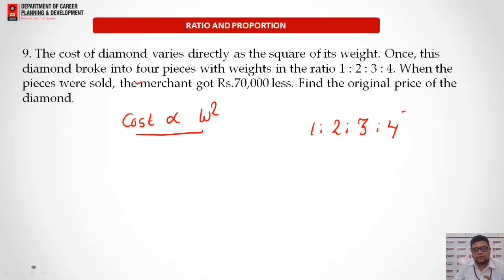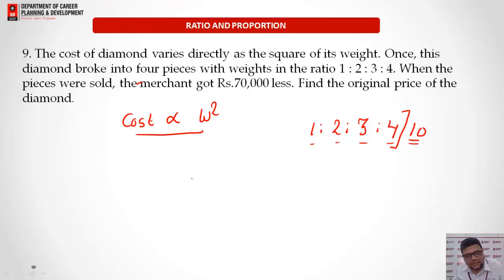So the total is how much? 4 plus 3, that is 7. 7 plus 3, that is 10. So total 10 is the weight of the complete diamond, which is broken in 1:2:3:4 ratio. Now when the pieces are sold, the merchant got rupees 70,000 less.